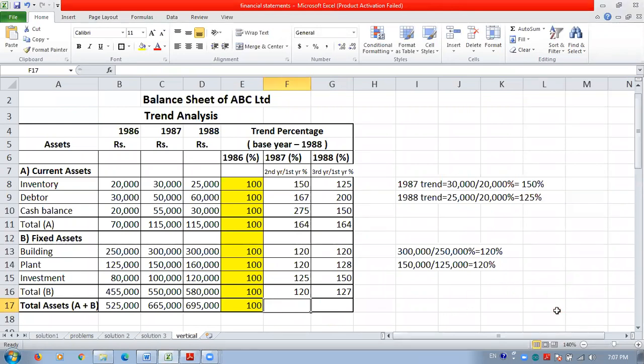Next is total of assets. Yes, 126. One sec. Why are different answers there? Calculate. It is 6,65,000 divided by 5,25,000 and percentage.